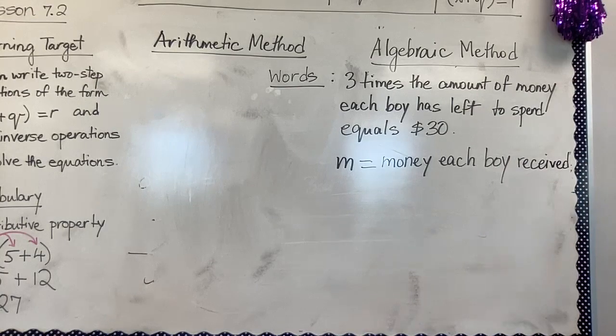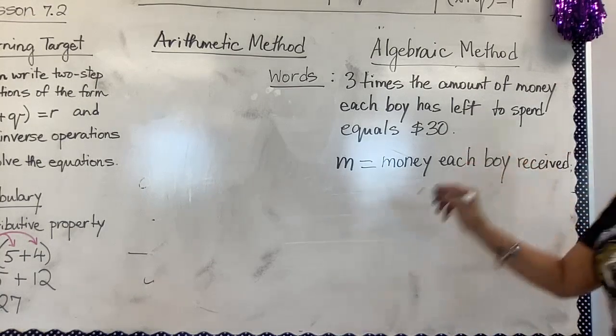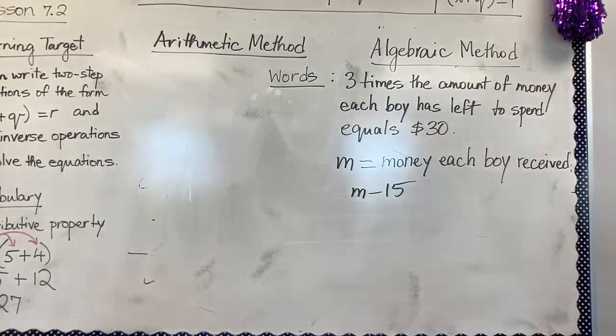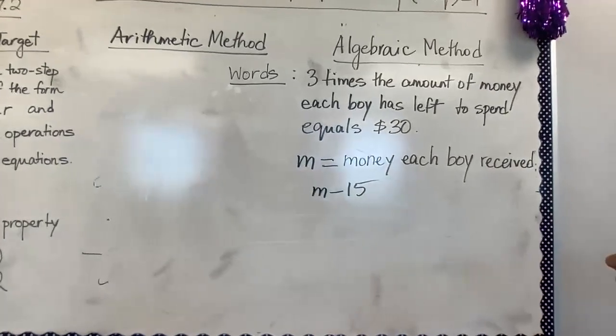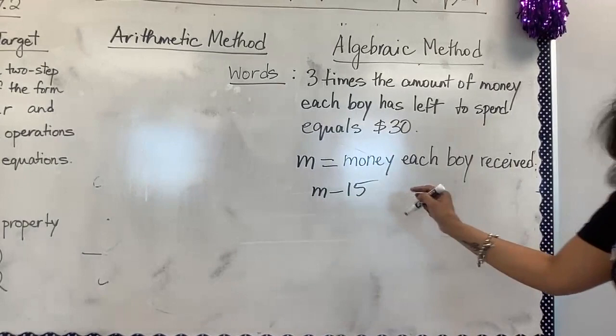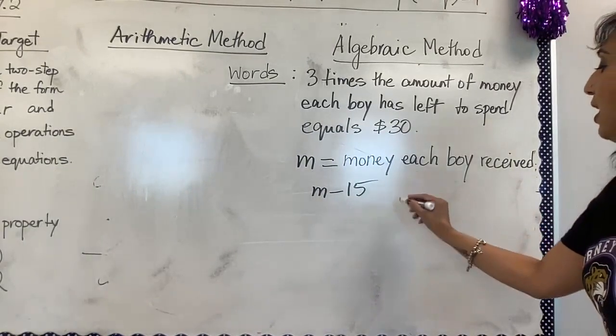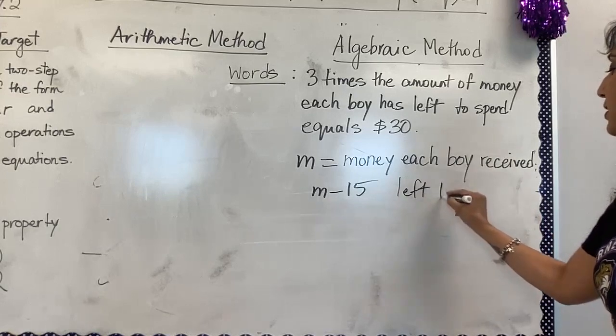So m minus 15 is the amount of money each boy has left to spend, because they've already used up that 15, right? So m minus 15 would be the amount of money each boy has left to spend.